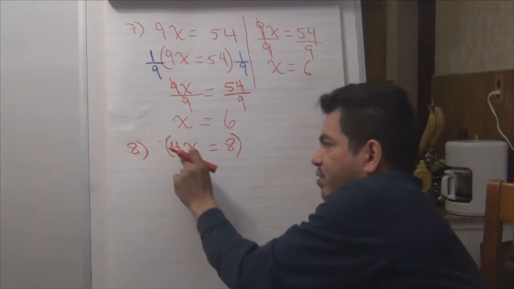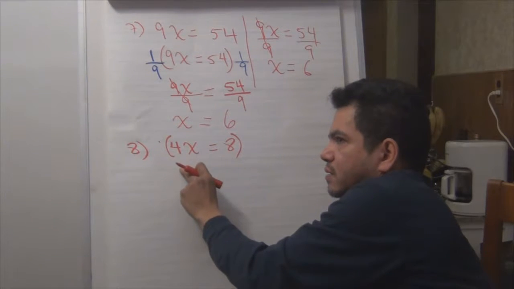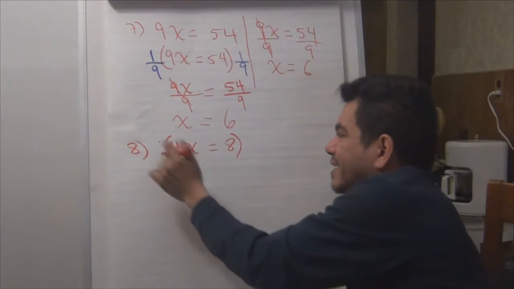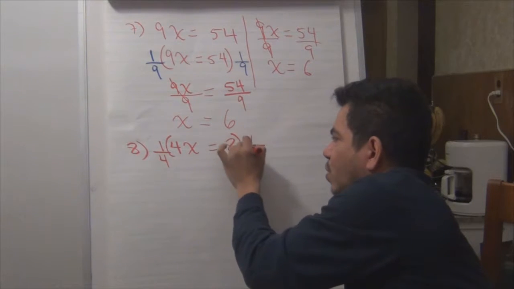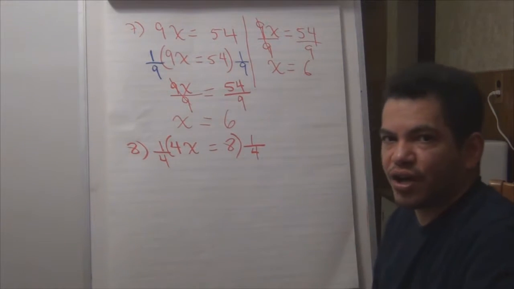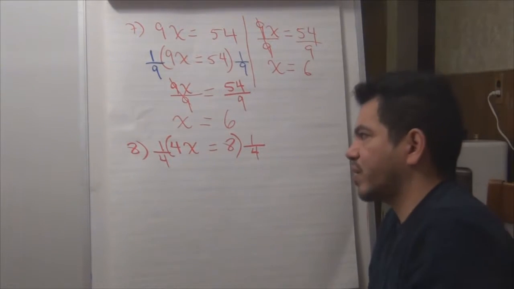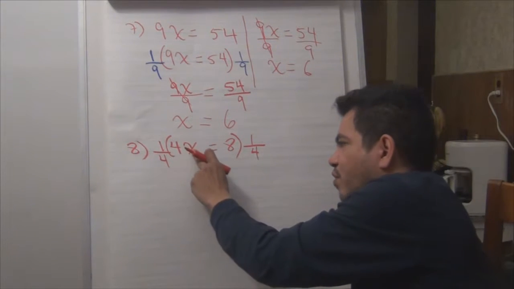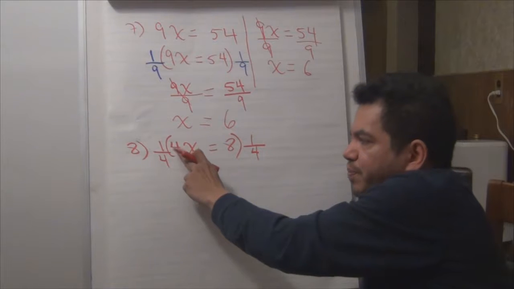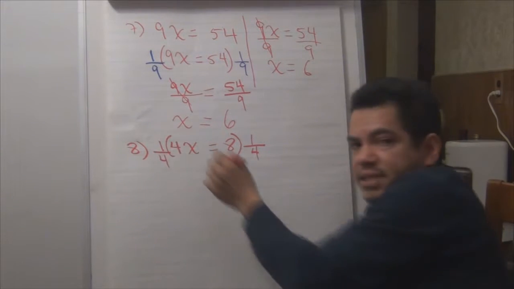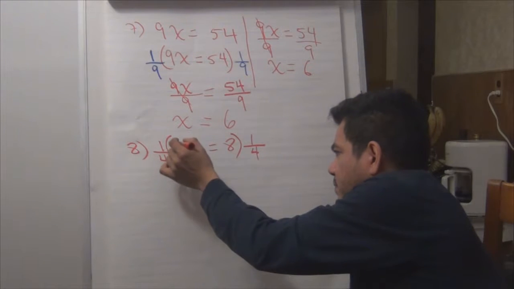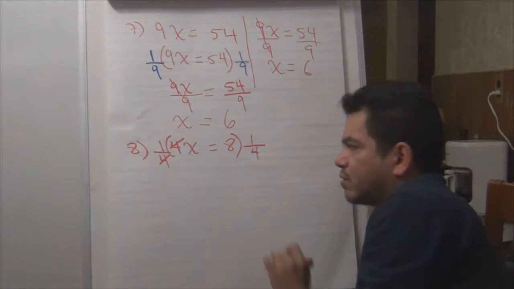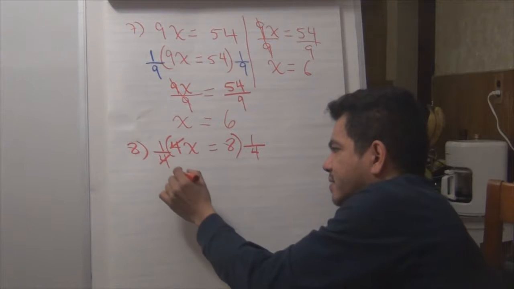So I'm going to multiply, oh, this is 4 over what? Exactly, 4 over 1. So I'm going to multiply by 1 over 4 on both sides. What you do to one side, you do to the other. Listen, that's the way it goes. So 1 times 4x, and by the way, when you multiply and divide by the same number, they cancel out, right?